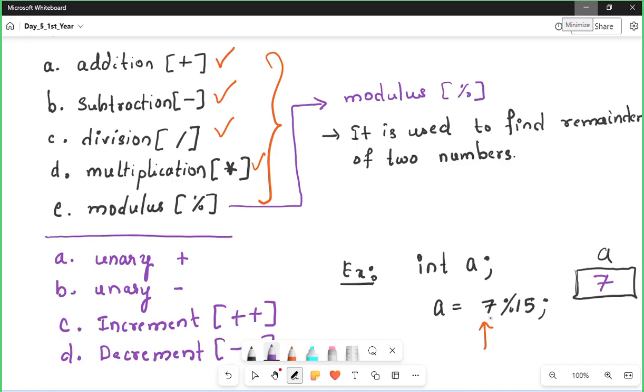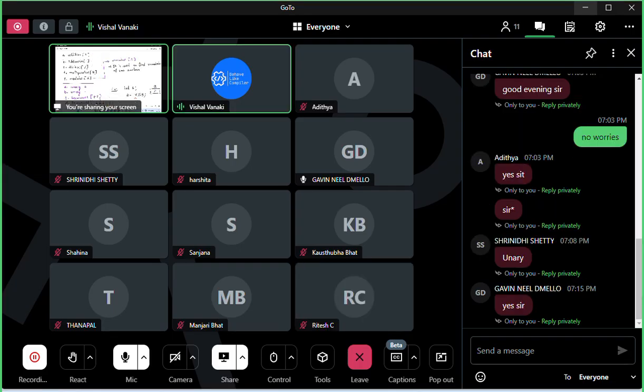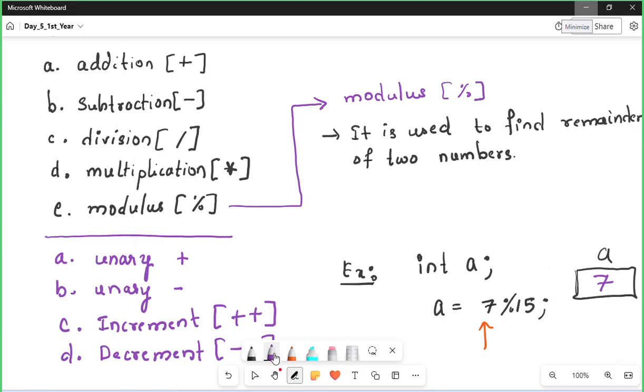Remember that if the first number is smaller than the second number, then the remainder will be the first number itself. Are you clear on this one? If you are clear, then I'll give you some more information here.